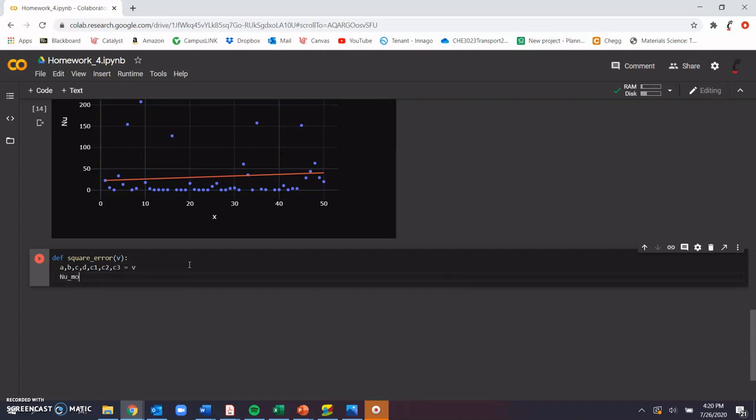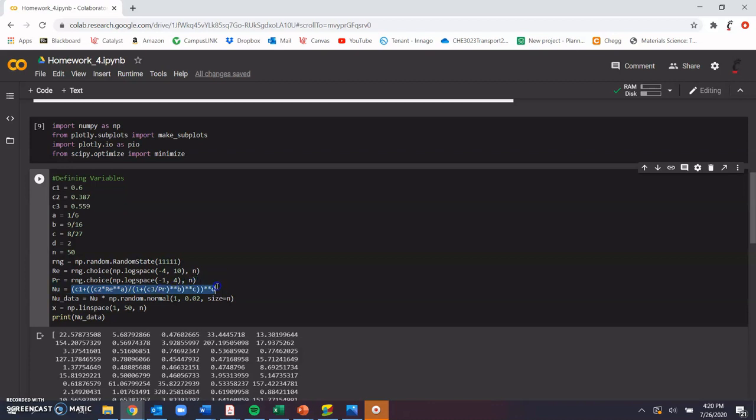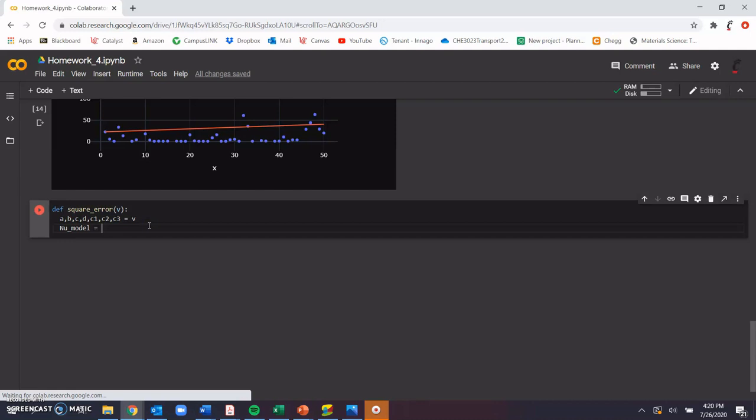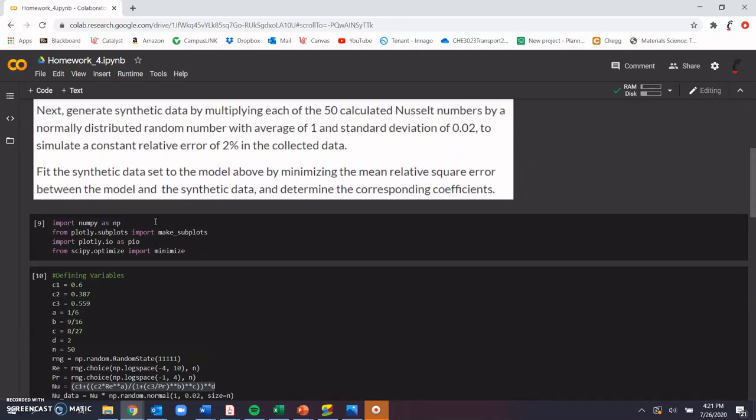And that our Nusselt number model will equal, again, our equation from up here. I'm just going to copy and paste that. And then we'll return the mean value between our model and our synthetic data. And we'll square that since we're looking for the relative square error.